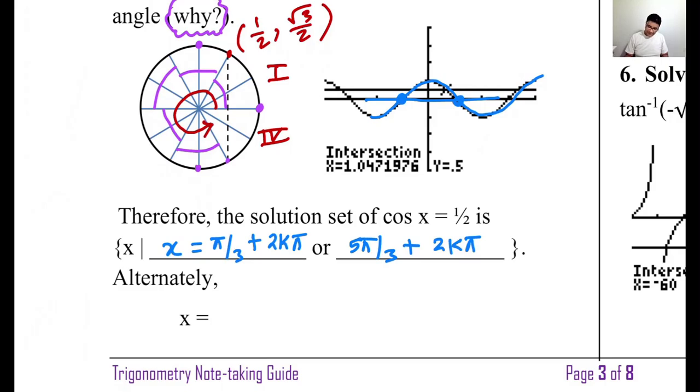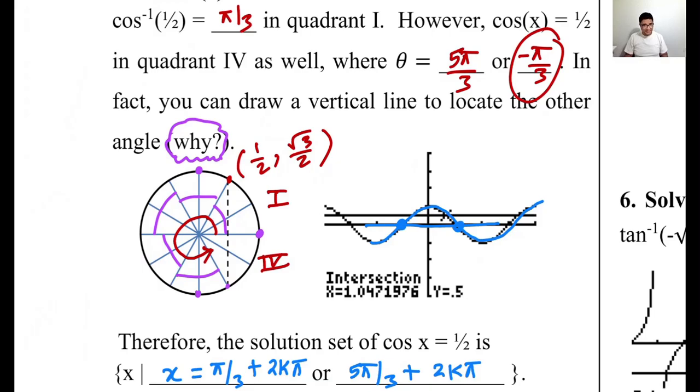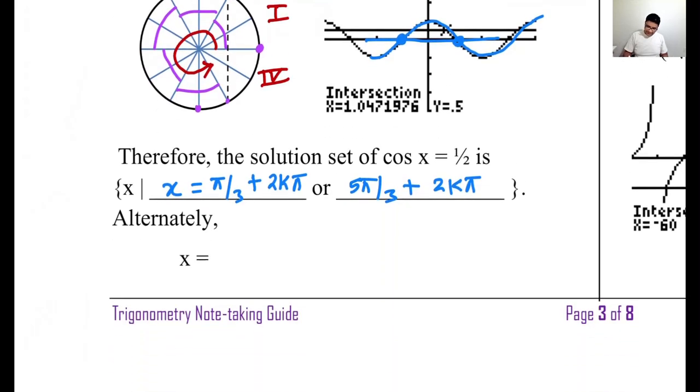Okay. And remember, I had said that 5 pi over 3 can also be written as minus pi over 3 if you go clockwise. So this solution that I wrote here can be written alternately as 2k pi plus or minus pi over 3, because this 5 pi over 3 can also be interpreted as minus pi over 3.